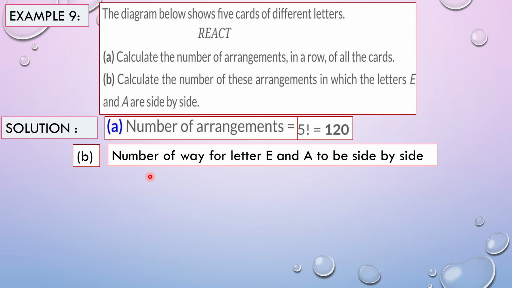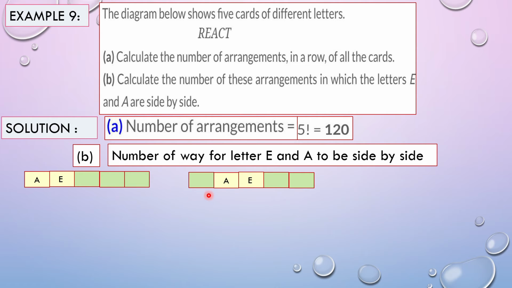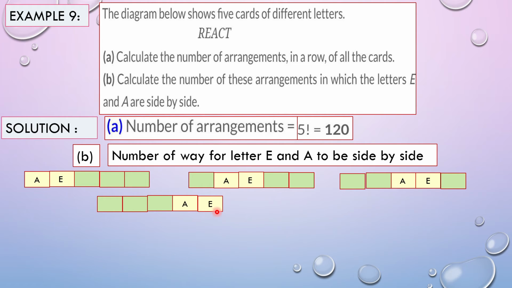Now I'm going to use the box method. As I said before, the box method is very useful, very helpful. So you can put the letters A and E. This is the position of A and E. It can be arranged in this way, or it can be arranged in the second way. Now see the position of the letters A and E, or you can arrange it as this, or like this.